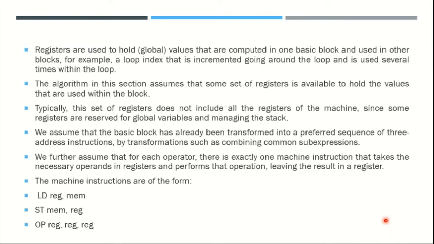Other registers are especially used to store global values. Such values are stored, and then they can be used to evaluate other basic blocks. For example, consider a loop. Initially the loop is initialized with a global variable, like i equal to 1.